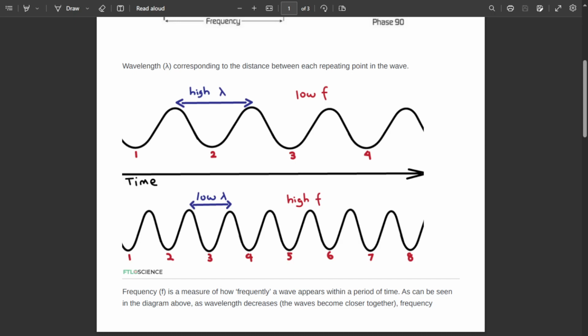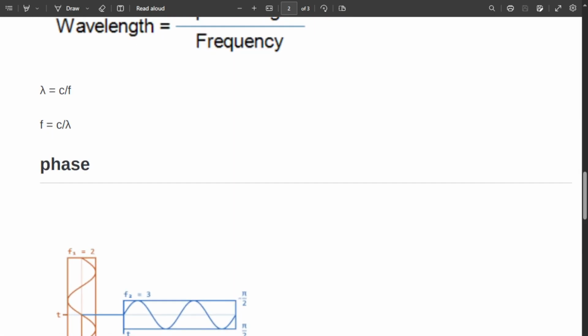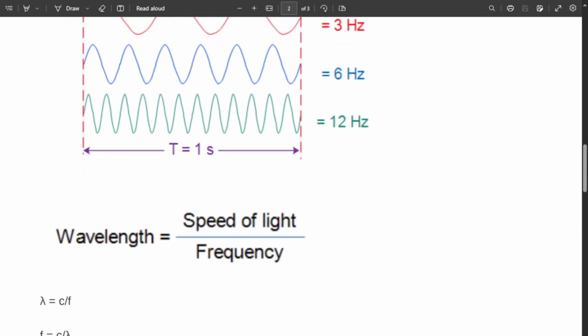We can understand this by the formula: f equals c by lambda. What is that c? You know, c is the speed of light. We can say c is the reference waveform.